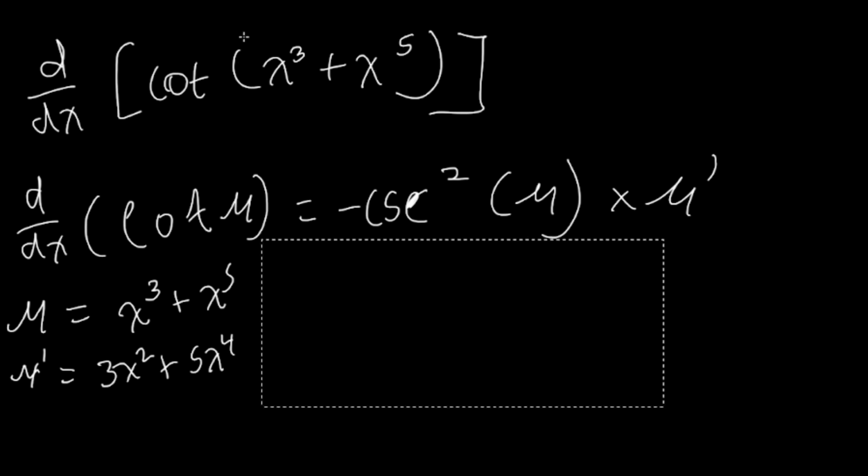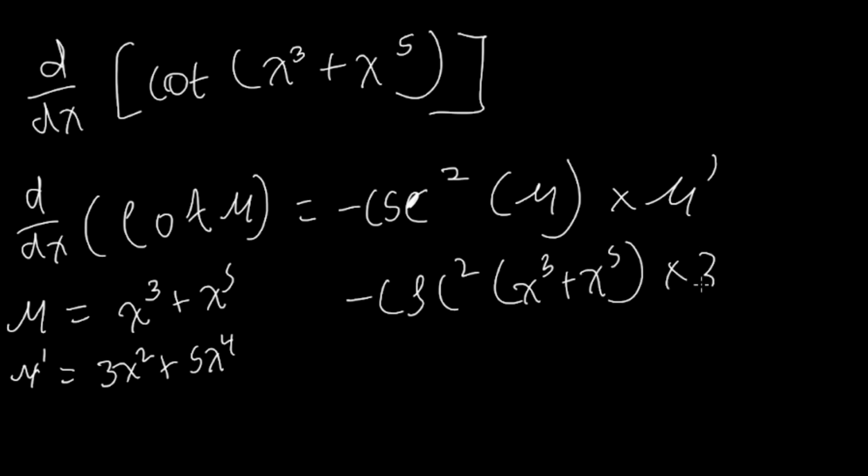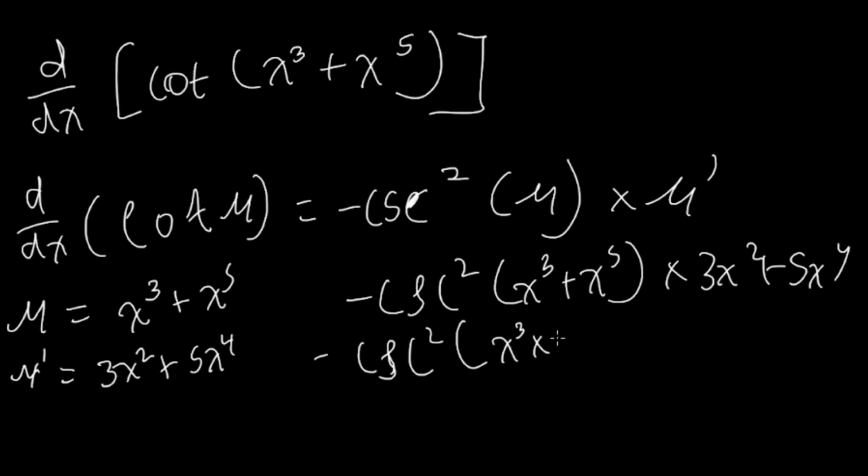So basically, we can plug into the formula: cosecant squared of x cubed plus x to the power of 5 times 3x squared plus 5x to the power of 4.